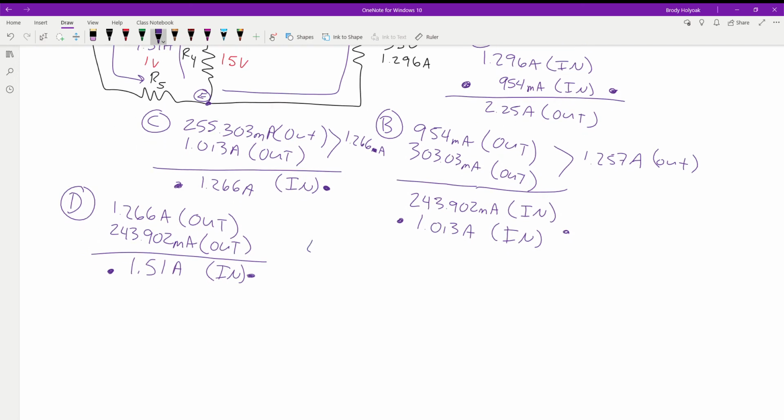So at node E, I have 1.51 amps going out. I have 1.296 amps going out, which leaves me to fill how much current is going into this node. Which is 2.806 amps.